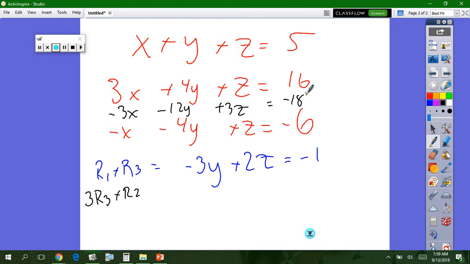Just took row 3 and multiplied it by 3. When I go ahead and do this operation of row 3 times 3 plus row 2, I get 0x minus 8y plus 4z minus 2. Okay? Any questions on where I received my new row?